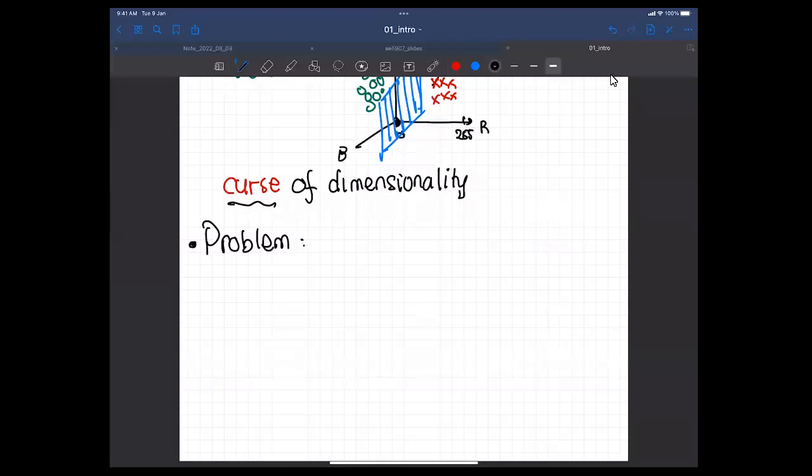The problems in that stage are, one, underfitting, which basically means underperforming, and second, there is also overfitting.